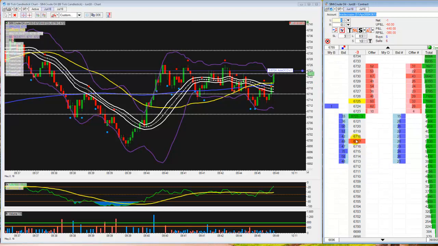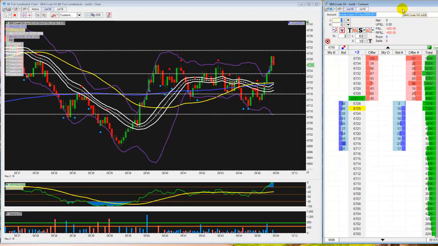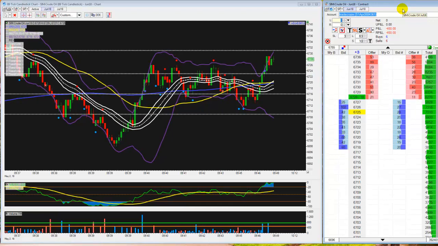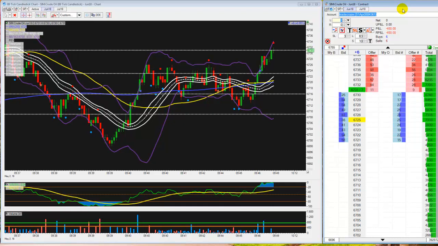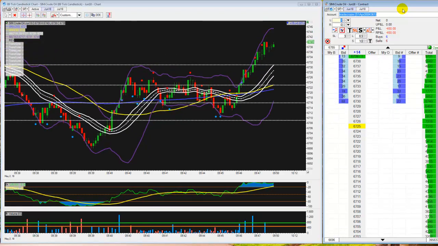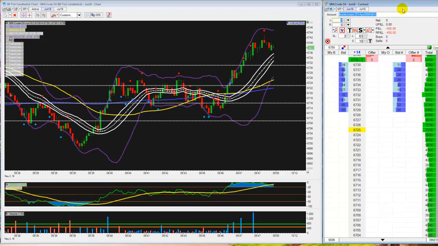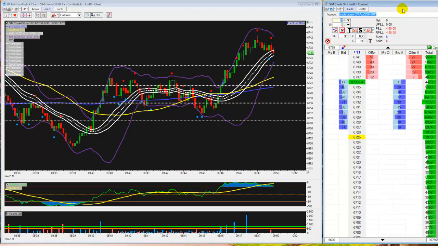Looks like we're going to get run again. Minus 45 ticks. I can't trade anymore. I don't know what I could have done better there. Maybe wait for the market to show a signal.